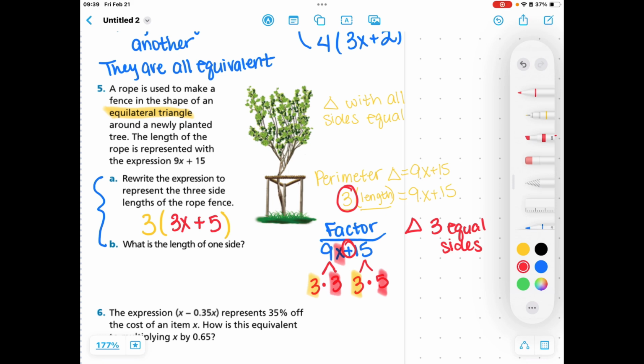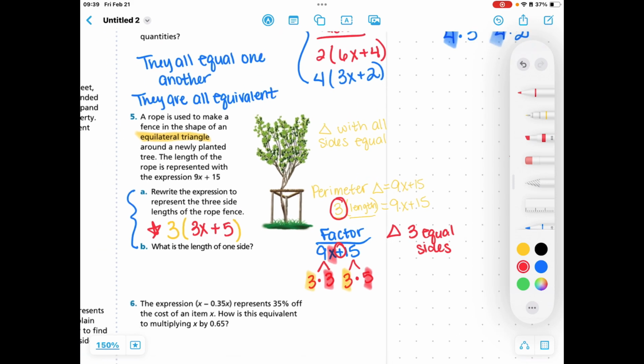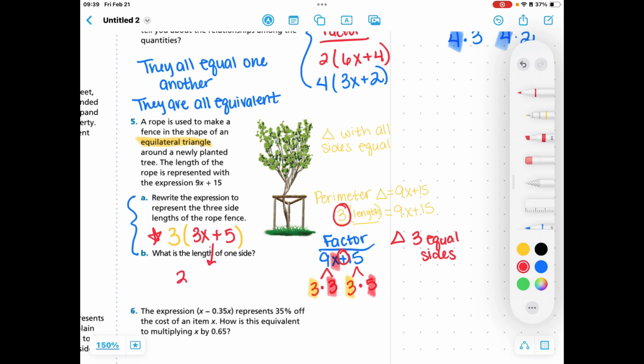Well, this represents the length of the 3 sides. So one side would simply be 3x plus 5. If 3 times 3x plus 5 represents the 3 sides, wanting one side is simply the expression on the inside.